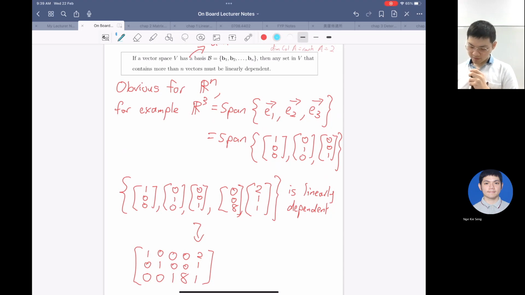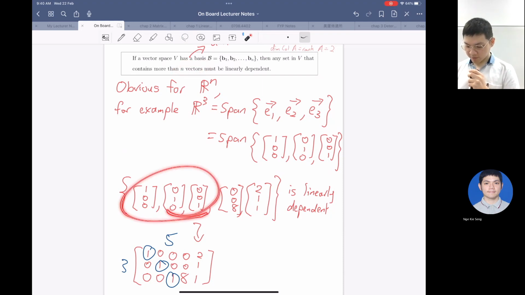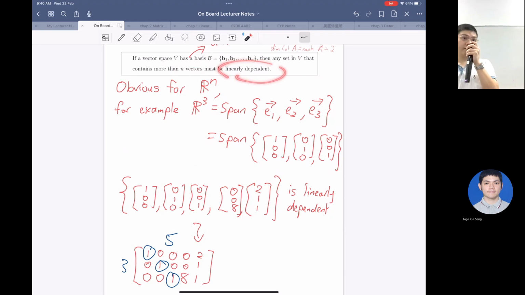In this case, 3, because this is a 3 times 5 matrix. There are at most 3 pivots, so the other 2 must be linearly dependent on the others. If you have more vectors than your basis, then it must be linearly dependent. This is obvious from the Rn case.